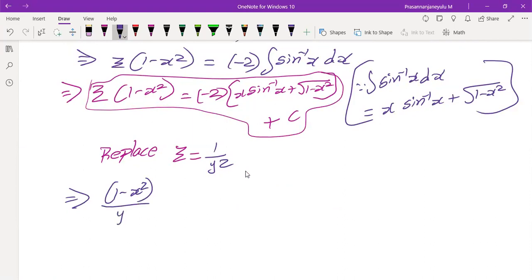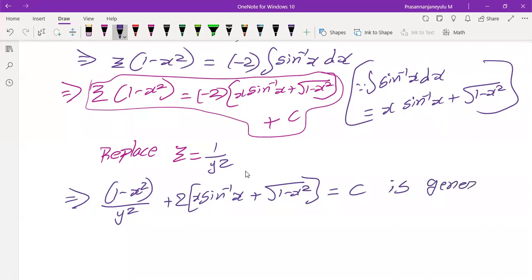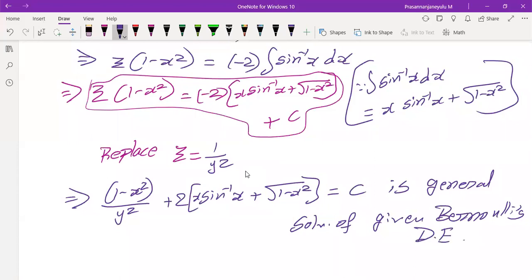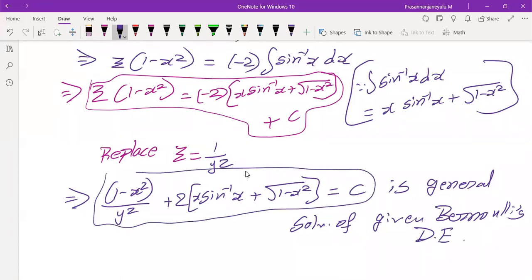So 1 minus x square by y square is equal to minus 2 times the bracket. Bringing that minus 2 to the left-hand side, it becomes plus 2 into x sine inverse x plus root of 1 minus x square equals c. This is the general solution of the given Bernoulli's equation, the solution of problem number 6.